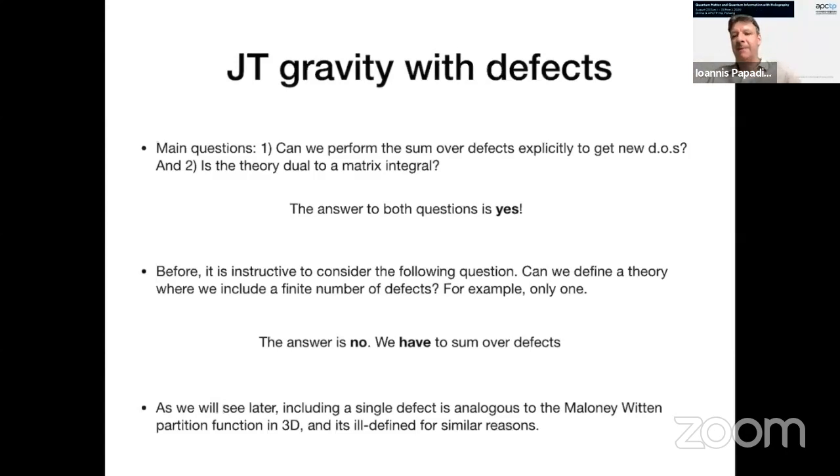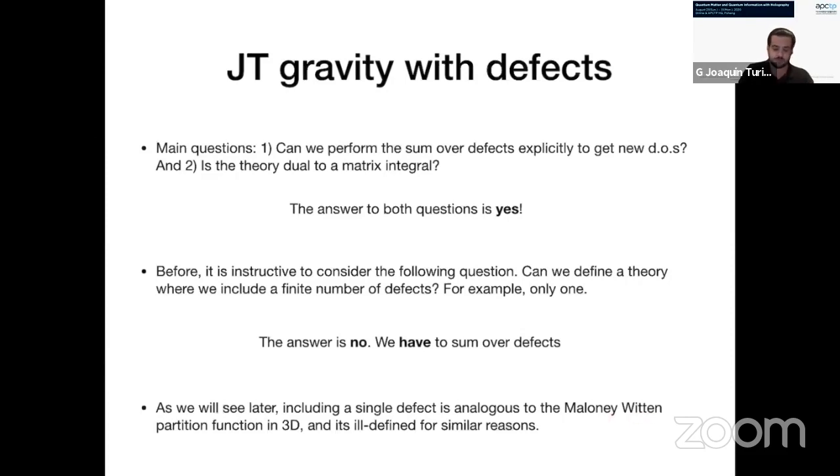Yeah, sure. Before I go to 3D, something that will be useful later: you can ask whether I can define a theory where I sum over a finite number of defects, rather than any number. You can see that when you sum over a finite number of defects, you get answers that are ill-defined.